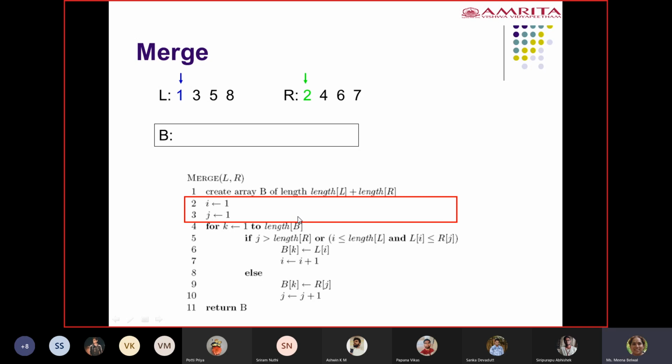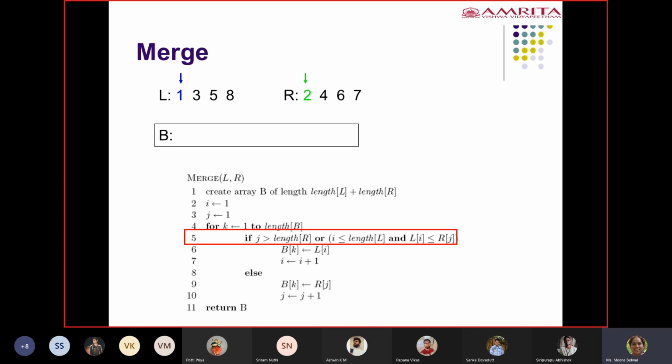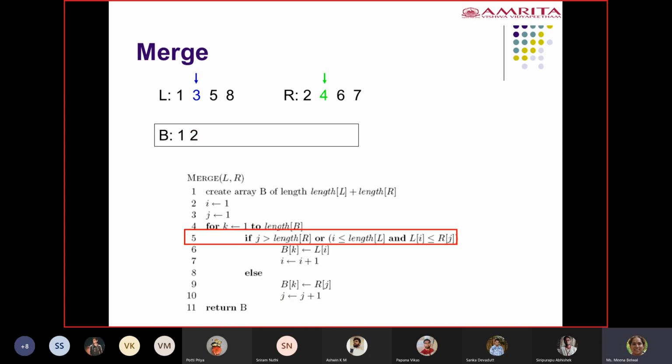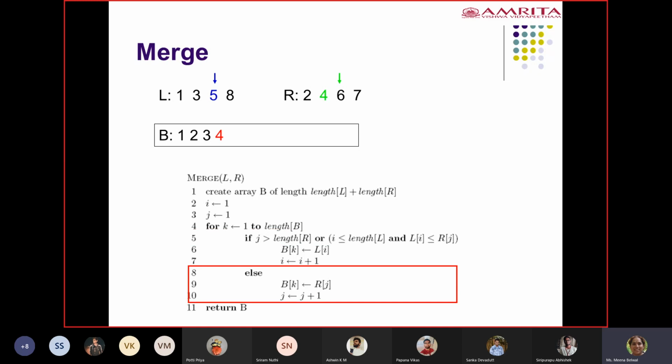After you have done one iteration, this is it. After two iterations, this is it. After four iterations, this is the loop. So how can I define my loop invariant?